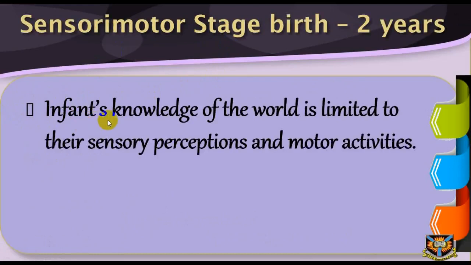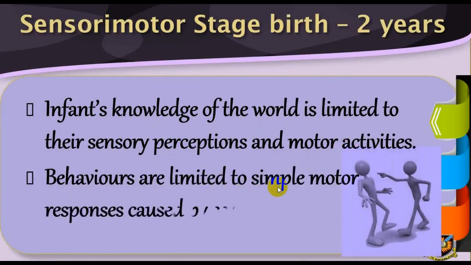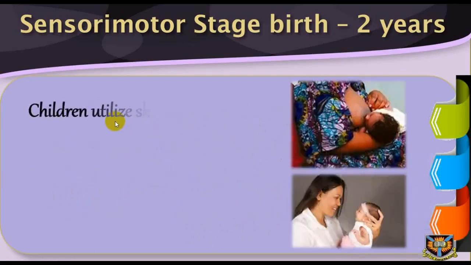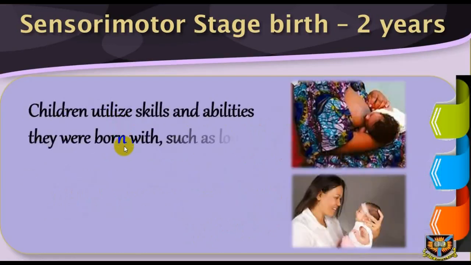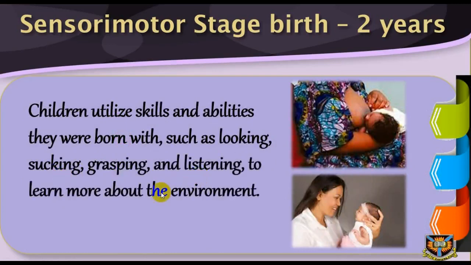During the sensorimotor stage, an infant's knowledge of the world is limited to their sensory perceptions and motor activities. Behaviors are limited to simple motor responses caused by sensory stimuli. Children utilize skills and abilities they were born with, such as looking, sucking, grasping, and listening, to learn more about the environment.